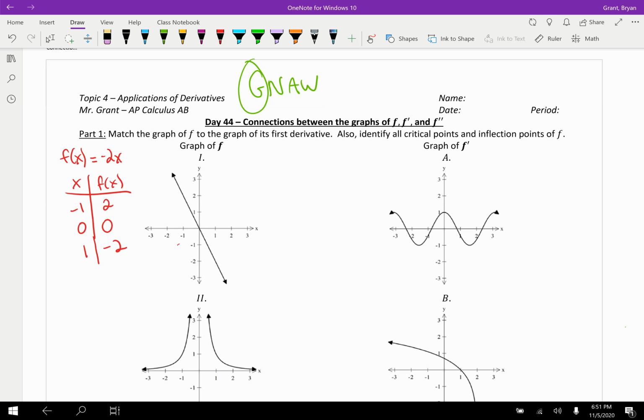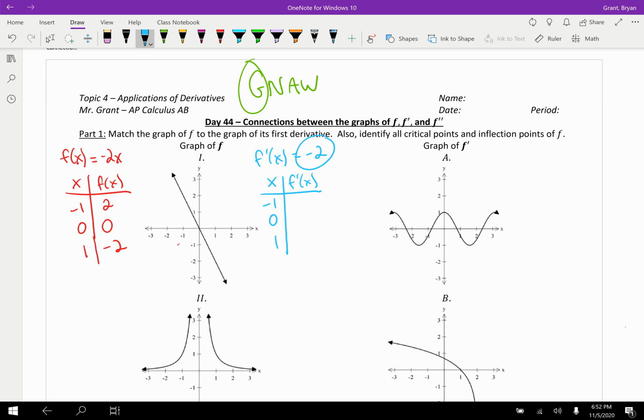Nice. Well, it's not too hard here to make the connection to the derivative of this graph, where the derivative, of course, will be f prime. Derivative of negative 2x is negative 2. If I made an input-output table, we should be able to create the graph of f prime of x. Let's use the same inputs, negative 1, 0, and 1.